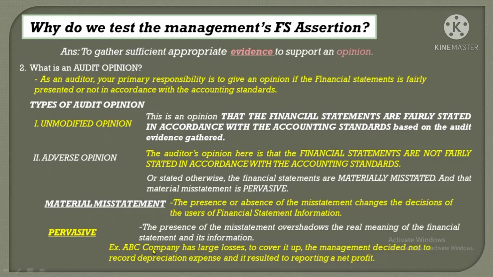So let's say for example, I agreed and the depreciation expense is eliminated. That is considered not just a material misstatement but a pervasive one also, because that misstatement will give an appearance that the company is profitable when in fact it is not. So that's the meaning of pervasive.